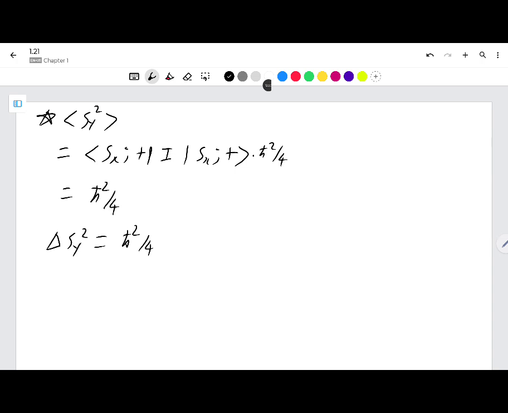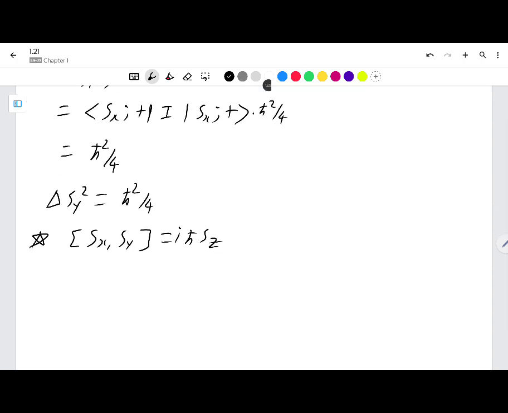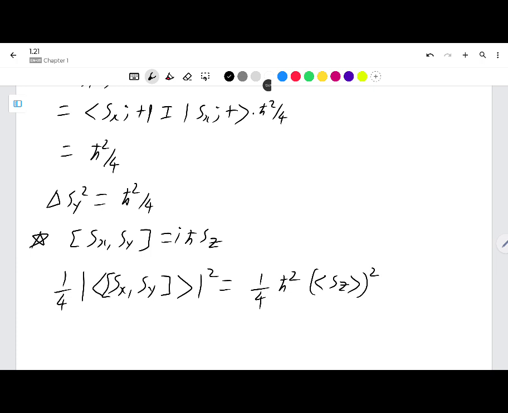And the commutator of x plus y by h bar is said. So the RHS part is 1 by 4 h bar square, square, and we know what is spin z.